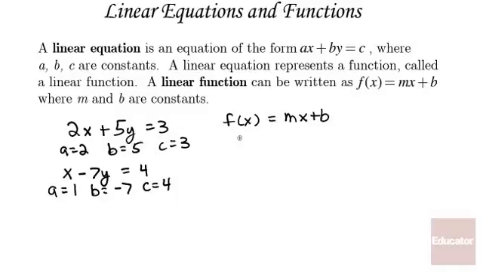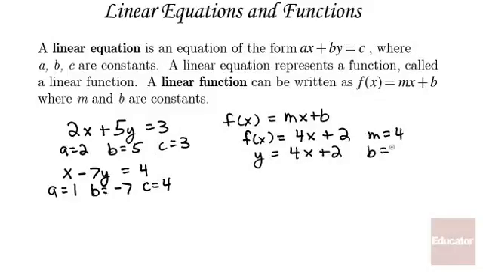An example of this would be something such as f of x equals 4x plus 2. You may also see it written as y equals 4x plus 2. And here, m equals 4, b equals 2. And these two numbers represent certain elements that we'll talk about in a few minutes.